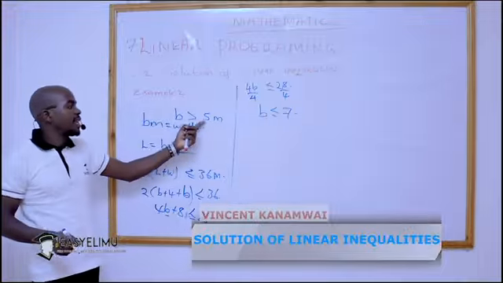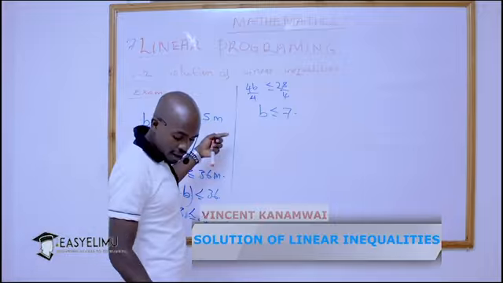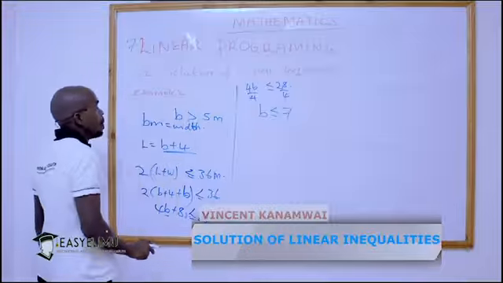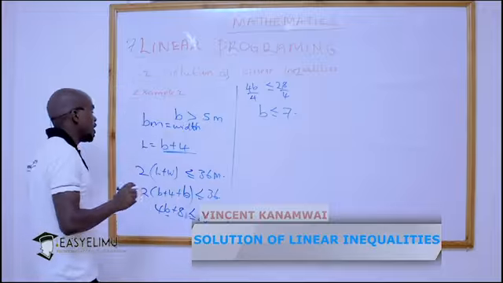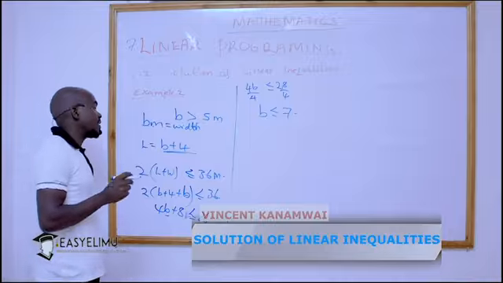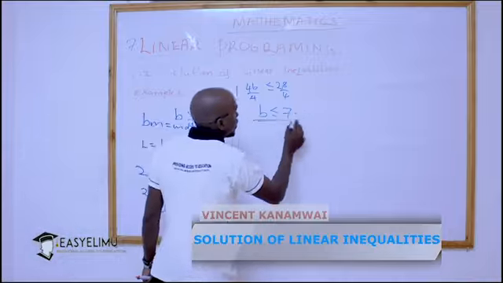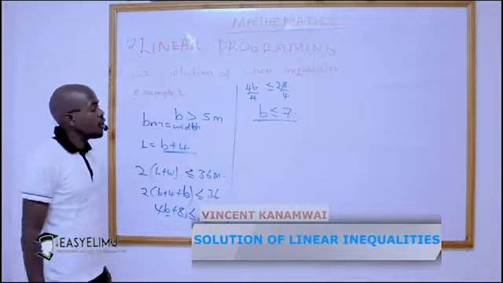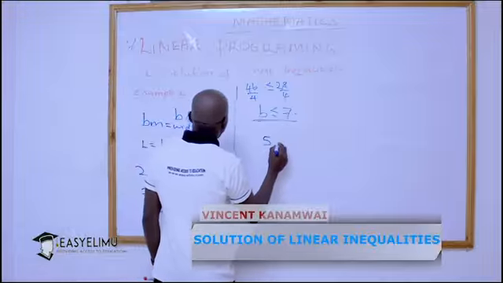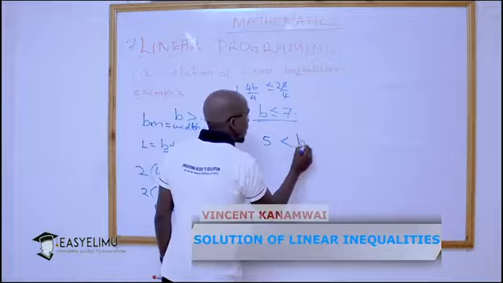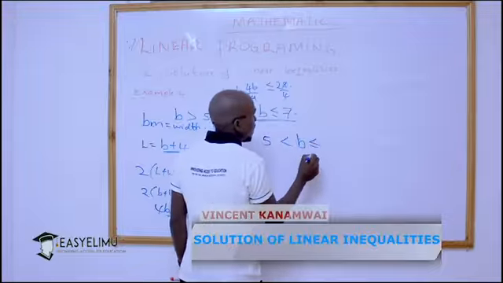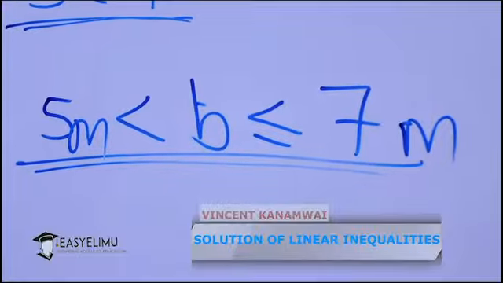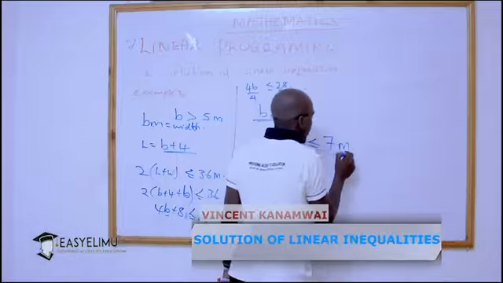But here we were told b is greater than 5, because we were told the width of that rectangle is more than 5 meters, but the perimeter of it is not greater than 36 meters. So we find that b is less than or equal to 7, and at the same time b is greater than 5. So we can take 5 is less than b, and this b is less than or equal to 7.